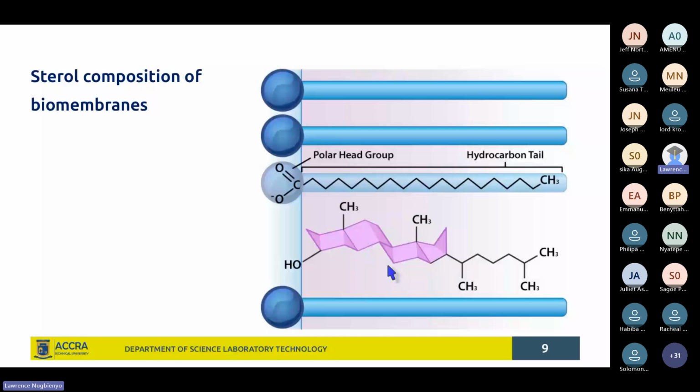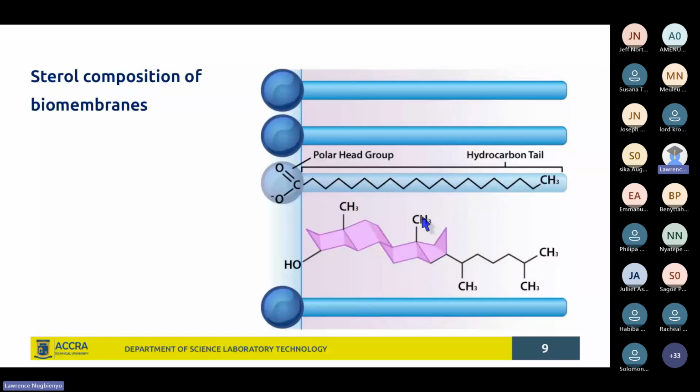Those double bonds result in some bend in the structure of the hydrophobic tail, because we did say that naturally these fatty acids are in their cis configuration, and in their cis configuration you have steric hindrance or steric repulsion being higher, which results in a bend in the structure, and such a bend then results in some instability in the positions where they are in the cell membrane.